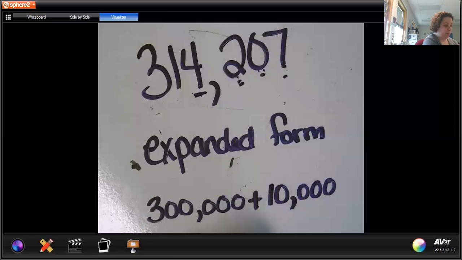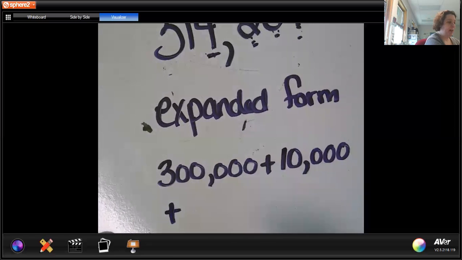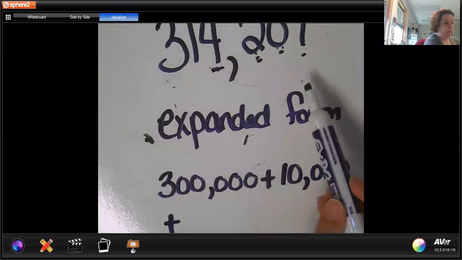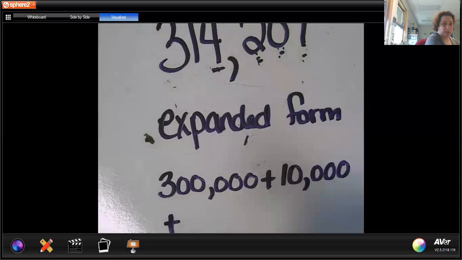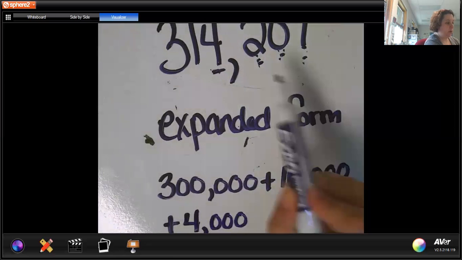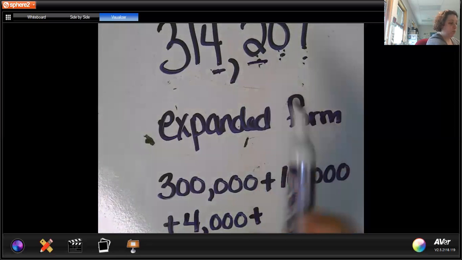I'm going to add a plus sign again. And that 4 is in the ones, tens, hundreds, thousands. So I'm going to make that 4,000. And I can count the zeros, 1, 2, 3, 1, 2, 3, it matches up. Then I'm going to go to the next number, which in this one is a 2.